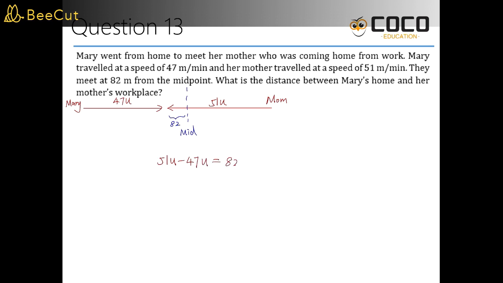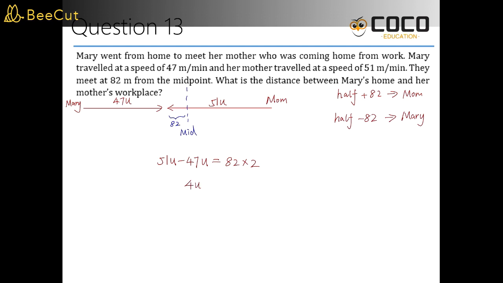That's 82 times 2. One of them is half plus 82 for mom. For Mary is half of the distance minus 82. So from plus 82 to minus 82, the difference is 164.